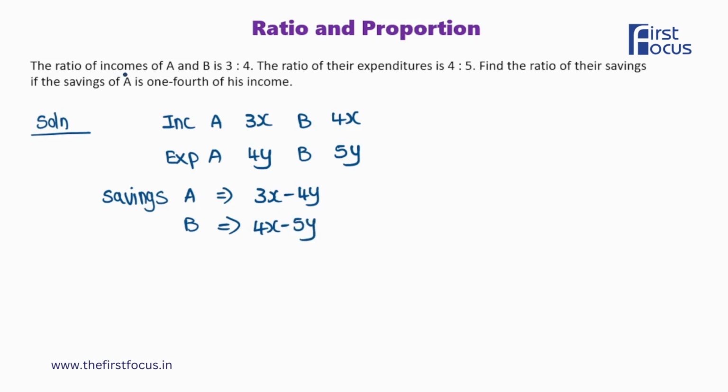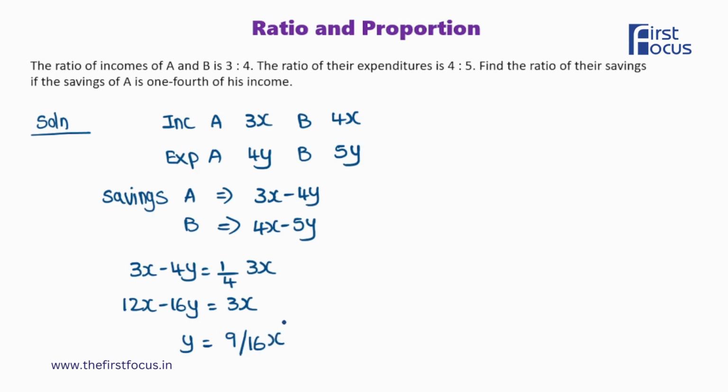The additional data given is savings of A is 1/4 of his income. Savings of A is 1/4 of his income, 3x. So we get 12x minus 16y is equal to 3x. Then the value of y is equal to 9 by 16x.